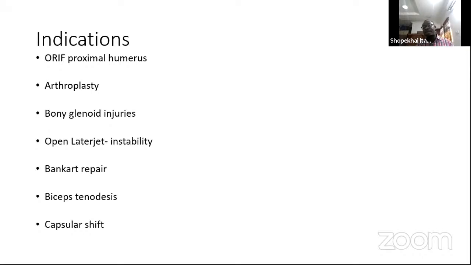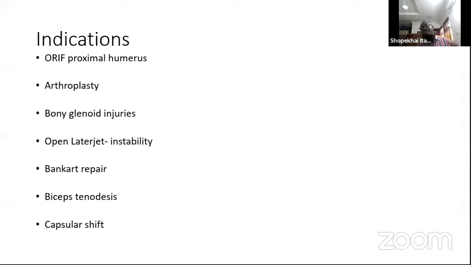You could also use it as an approach to address the biceps tendinitis, to do a biceps tenodesis, capsular shift, either posterior capsular shift or anterior capsular shift with the instabilities can also be done in an open approach. But as you can see in this list here, only 2 things here can be done arthroscopically: ORIF of the proximal humerus and arthroplasty.